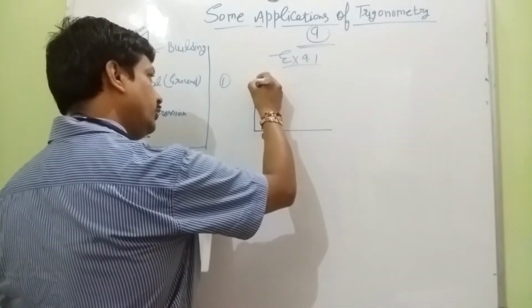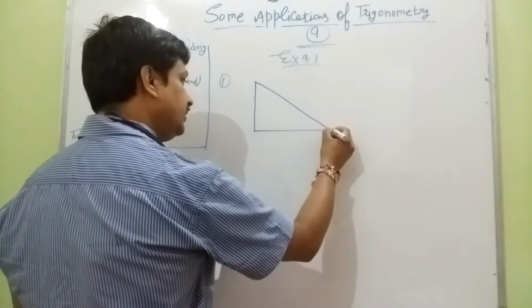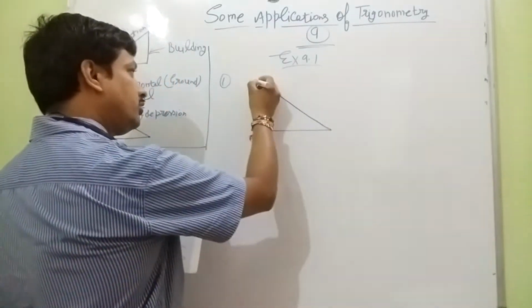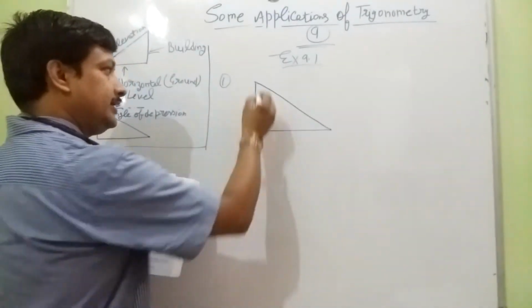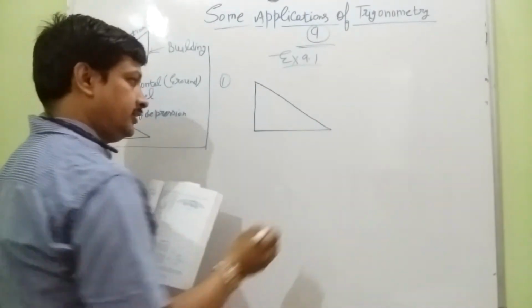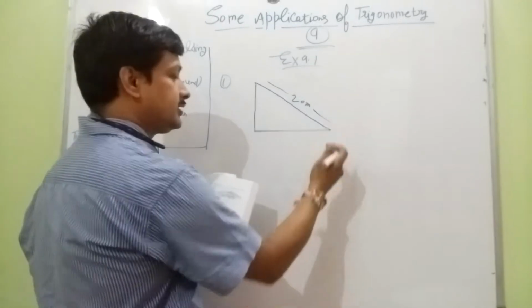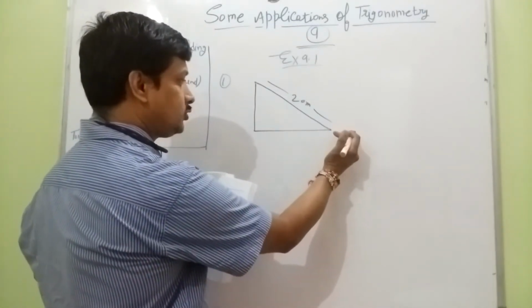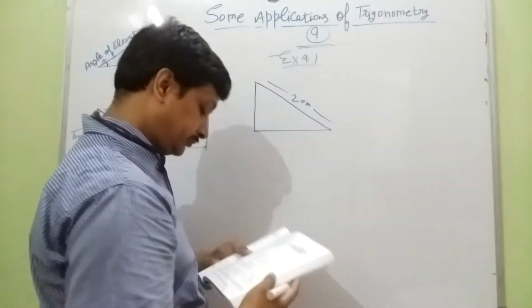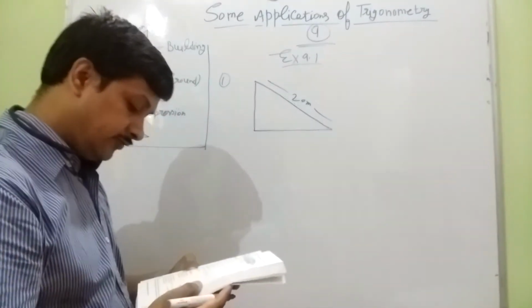Here is a rope which is connecting the ground level to the top of the pole and it is tightly stretched. Its length is 20 meters and the circus artist has to climb over it. Find the height of the pole.